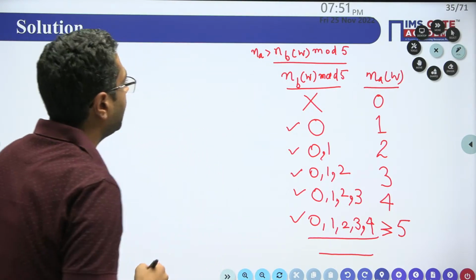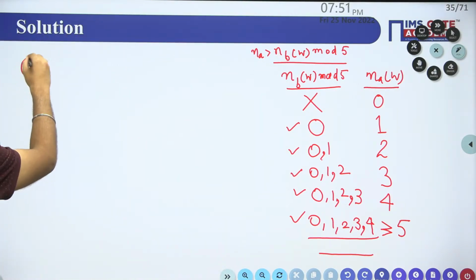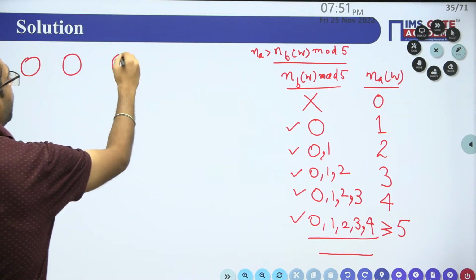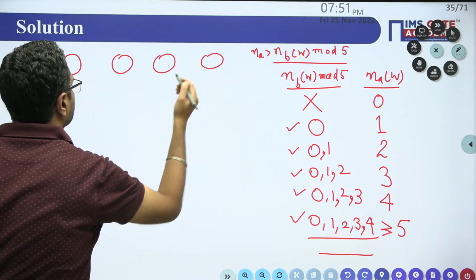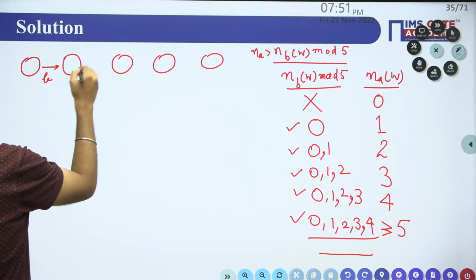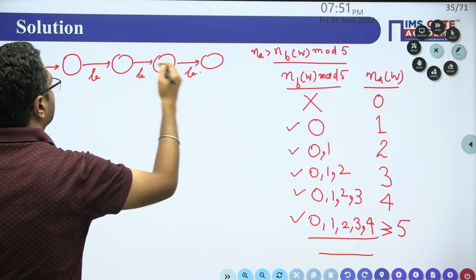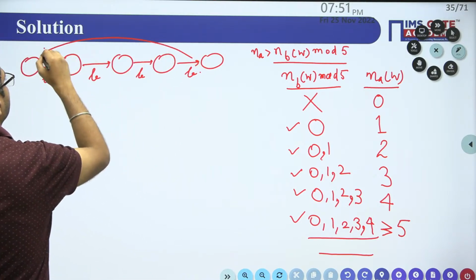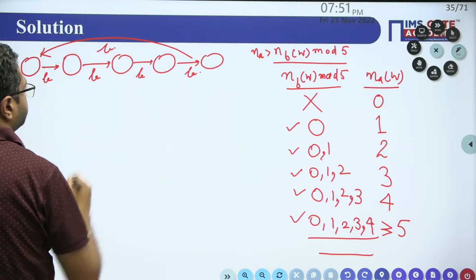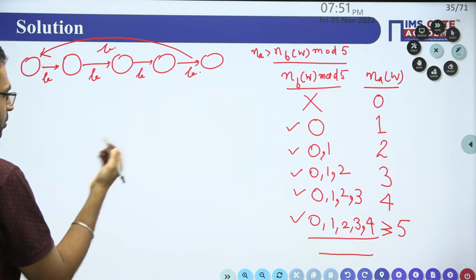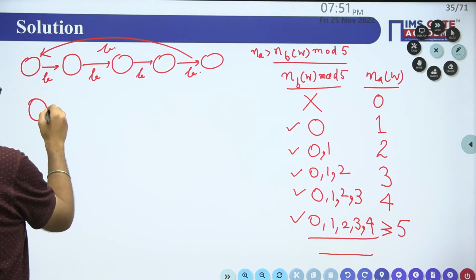Right. So now what I want is, number of B's I'll move across the rows, horizontally, and A's I'll move vertically. So you can do the other way around also. There is no issue.